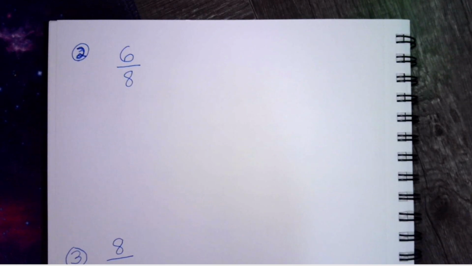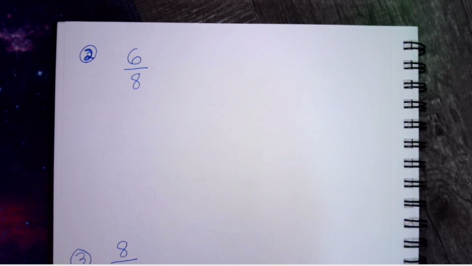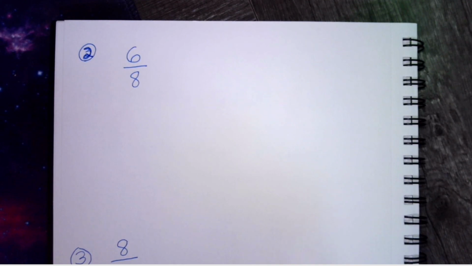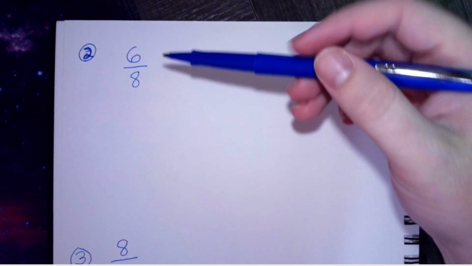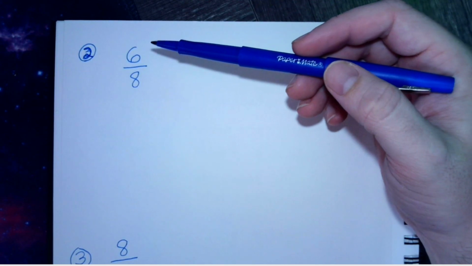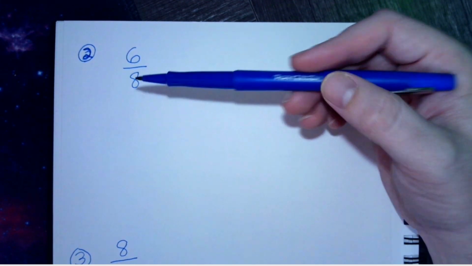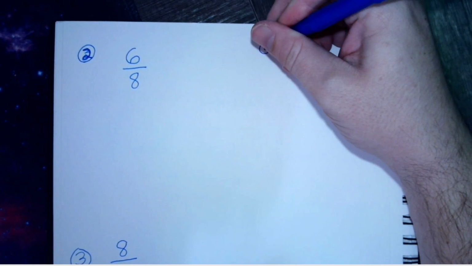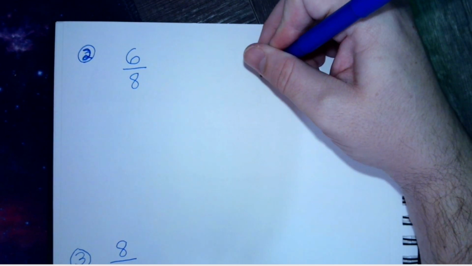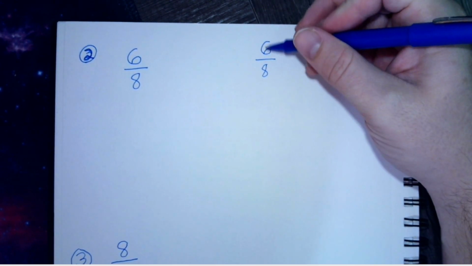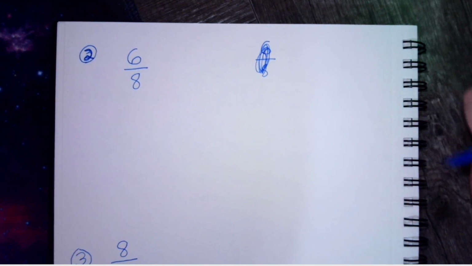Okay, so number 2, we are going to simplify 6/8. So to simplify 6/8, again, I'm going to find the greatest common factor of my numerator and the denominator. So I'm going to use T-charts again. We have 6/8, and there I go, I wrote the fraction again.